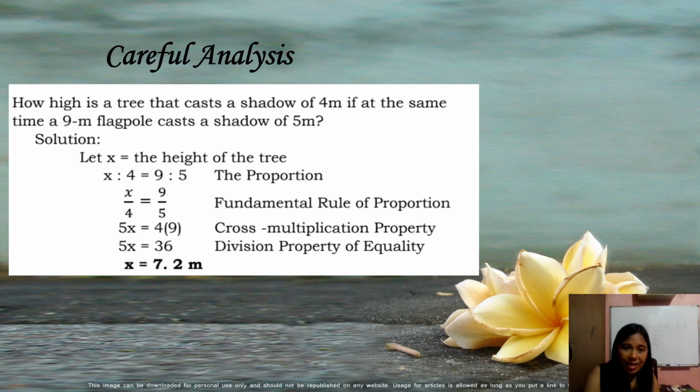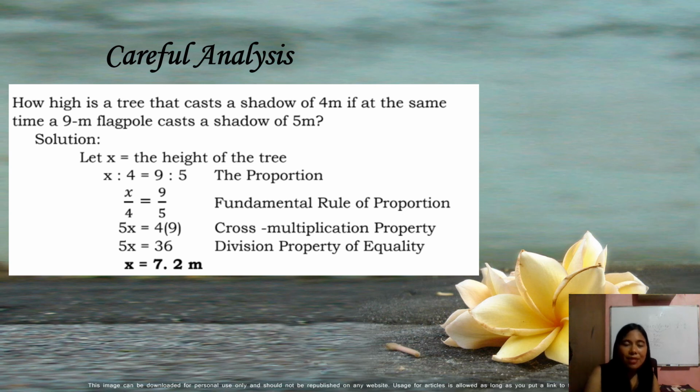So let x be the height of the tree because I think that's what the problem is asking for. So how high? It's the height of the tree. And then you can have x is to 4 meter shadow, and that is equivalent to a flagpole of 9 meters to 5 meters. So we have x is to 4 and 9 is to 5.